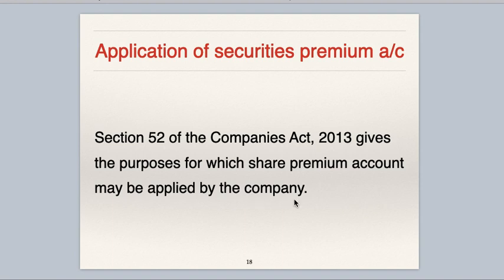Company can use this securities premium account for the purpose of buying or purchasing its own equity shares, which is known as buyback under section 68. So various purposes for which securities premium account can be used is given in section 52.